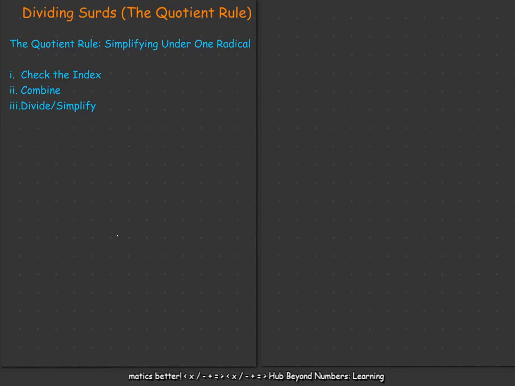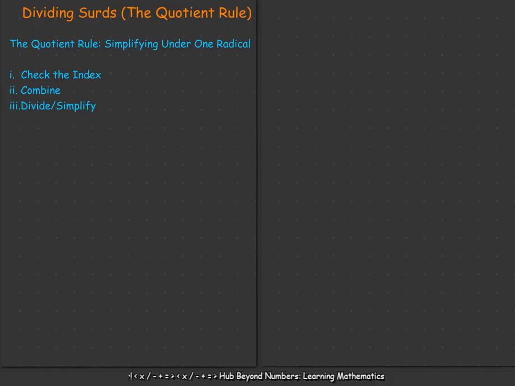There are just 3 steps we need to know whenever we want to divide surds. First of all, check the index. If they are the same, combine the index for the numerator and the denominator, after which you can divide and simplify.